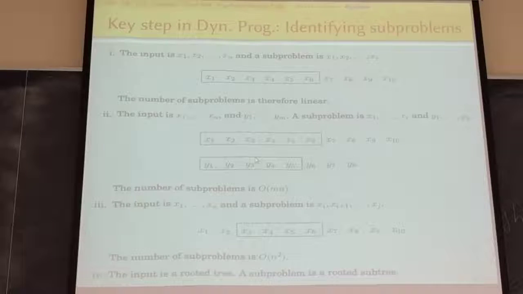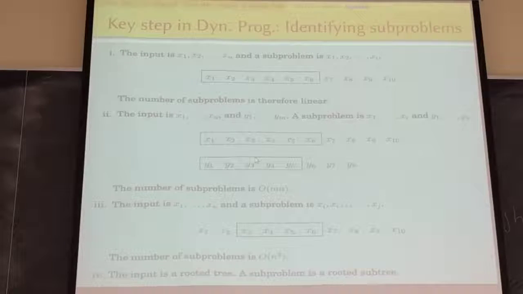Okay? And then the last case is where you have a tree and the subproblems correspond to subtrees. And then how many subtrees are there? If a tree has size n, how many subtrees are there? It's not a hard problem, right?